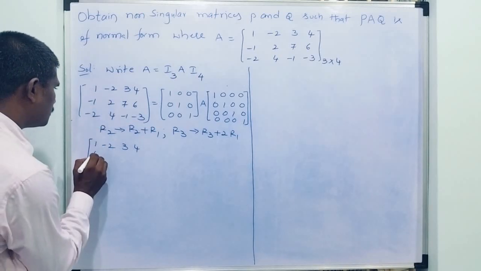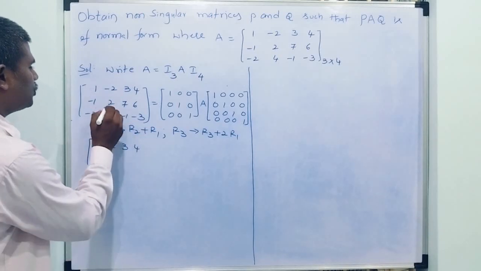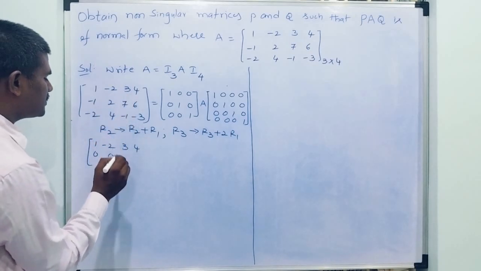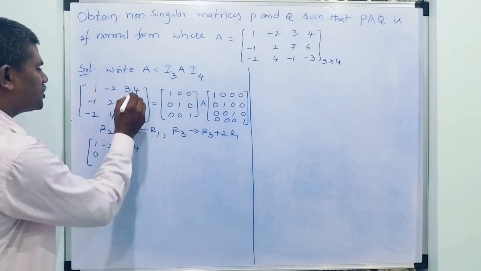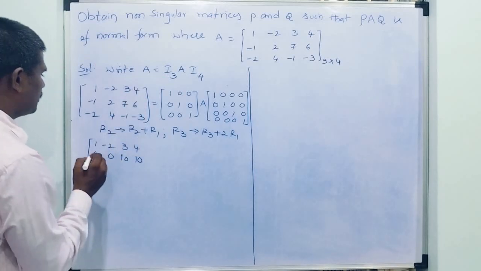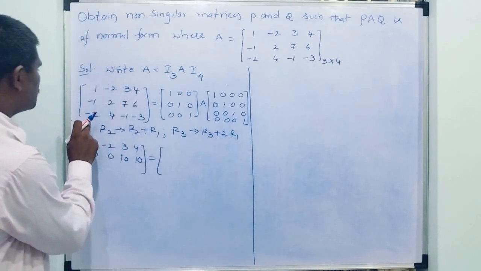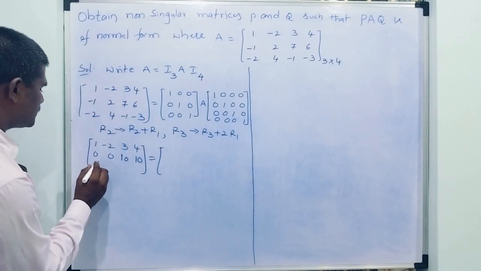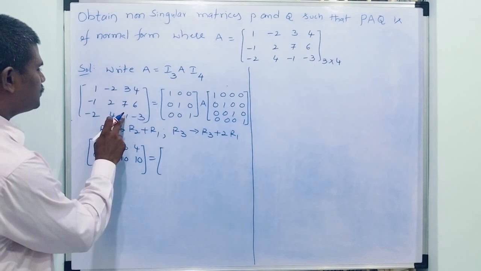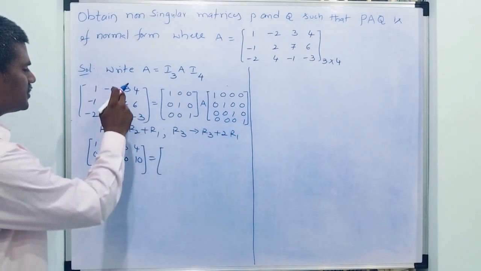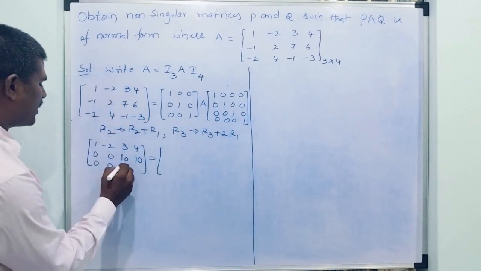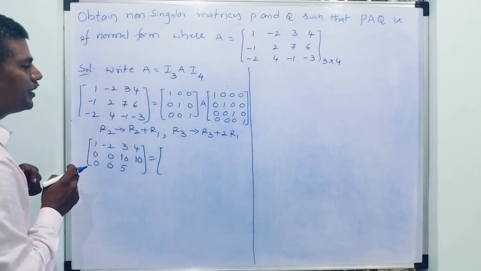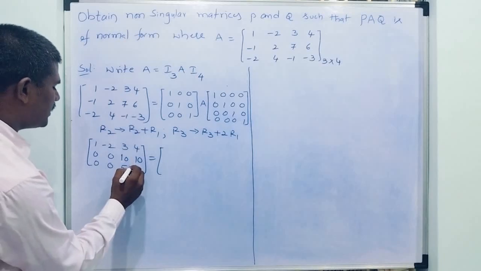Minus 1 plus 1 is 0, 2 minus 2 is 0, 7 plus 3 is 10, 6 plus 4 is 10. Minus 2 plus 2 is 0, 4 minus 4 is 0, minus 1 plus 6 is 5, and minus 3 plus 8 is 5.